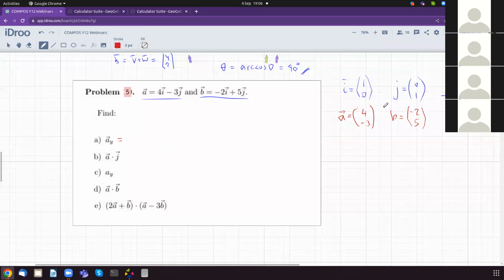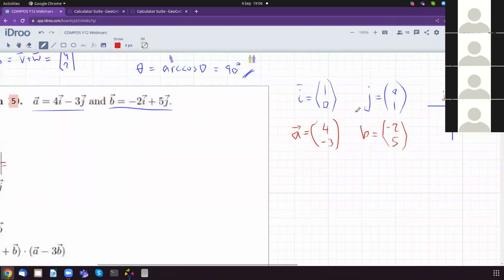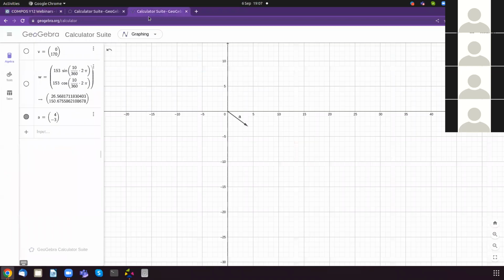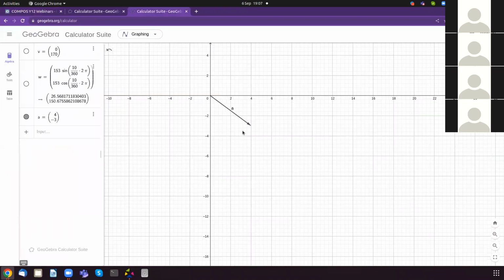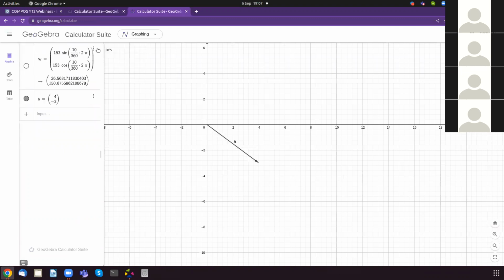I is 1, 0, and J is 0, 1. These are base vectors. It's their definition, the coordinates of the unit vectors. So this is vector A, which is 4, 3.